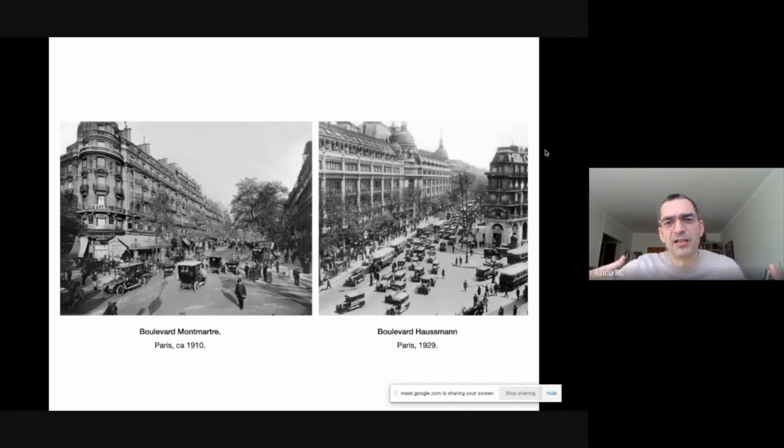It monumentalizes the city, it creates order in the city, but it also allows the new technologies of transportation to actually move on, right? So it's a space designed for cars. Also, there's a certain idea of social control behind it.